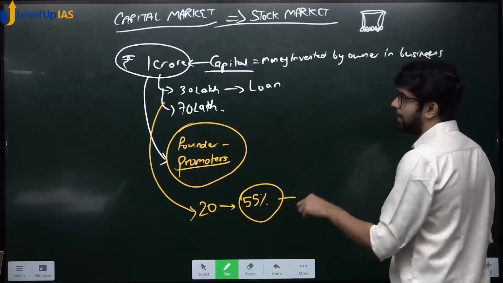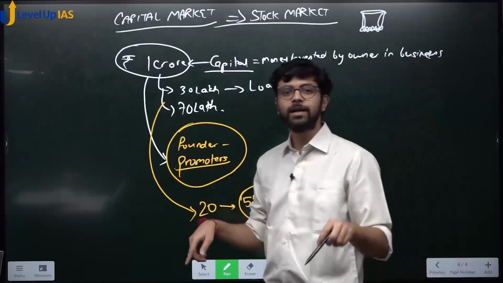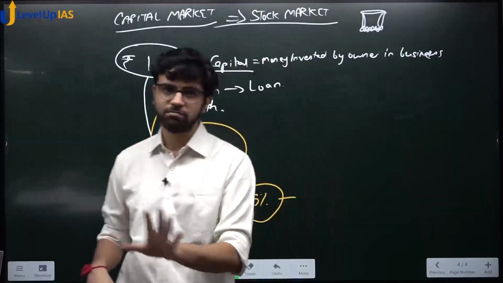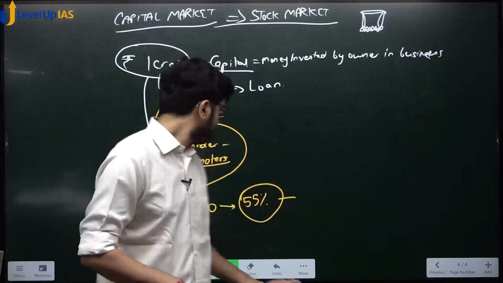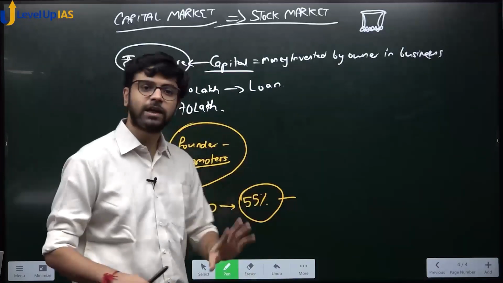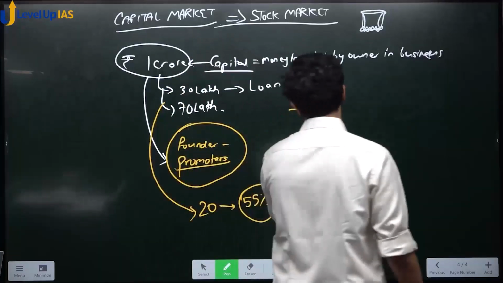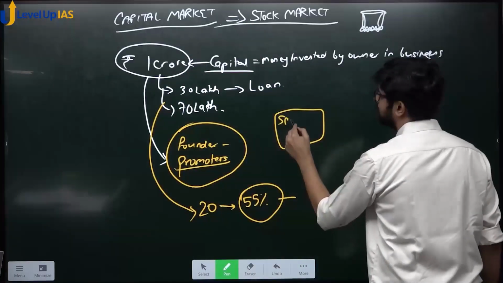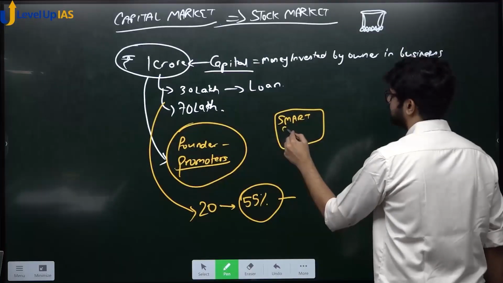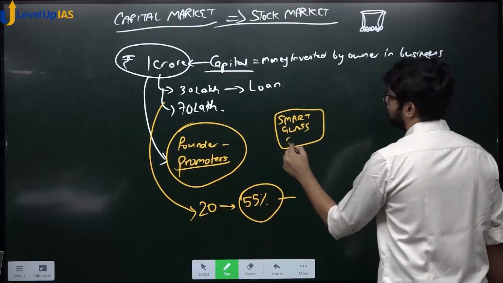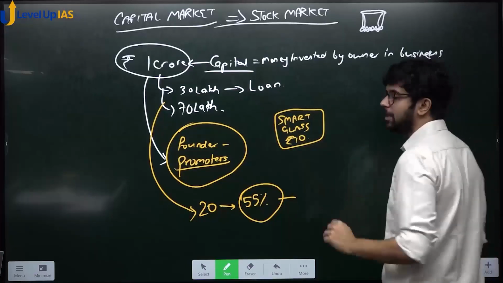So what we do is 1 crore को we divide it into certificates of 10 rupees each, ठीक है. 55 lakh worth of certificates we have. Certificate एक पेपर होगा, उस पे क्या लिखा होगा? स्मार्ट ग्लास कंपनी, ₹10. ₹10 मतलब क्या?